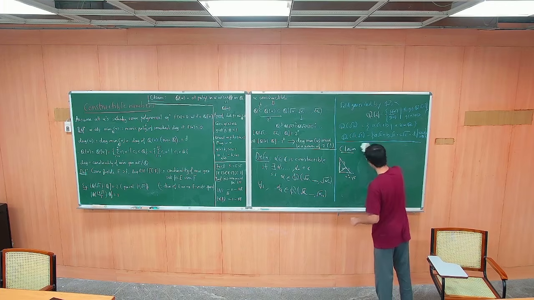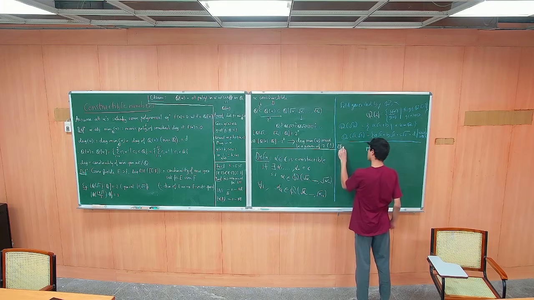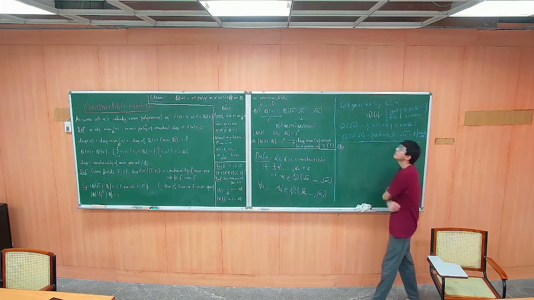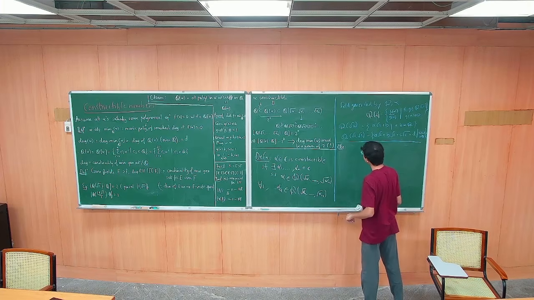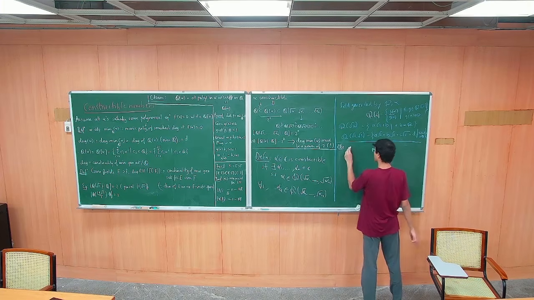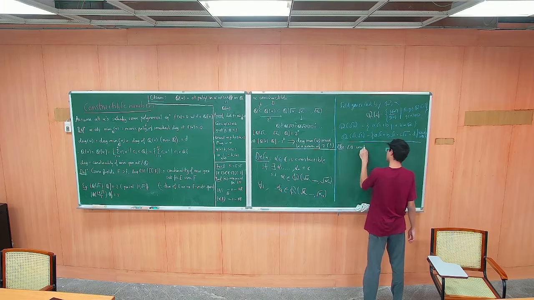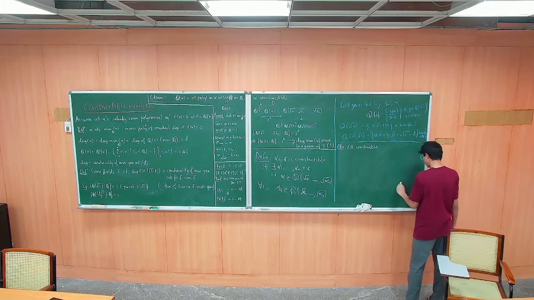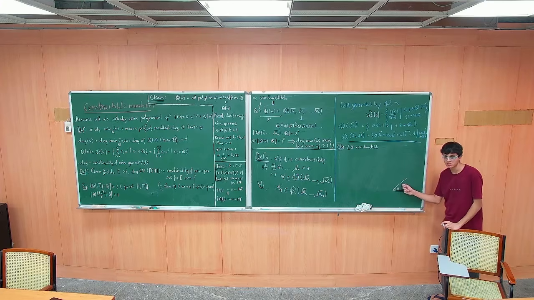Okay, we need one more ingredient here. The angle theta being constructible, what does this mean? This means I can somehow get a measure of this.